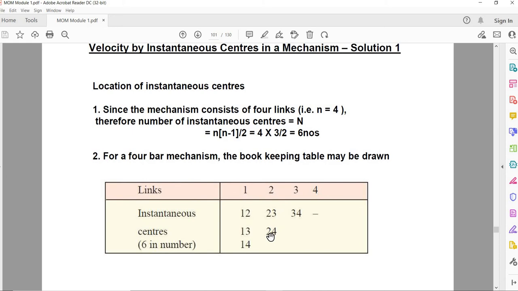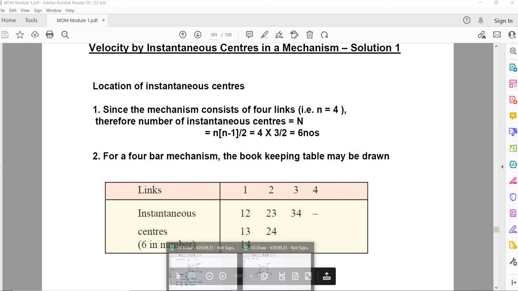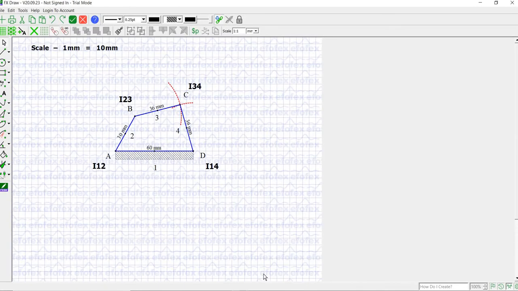So how are we going to determine them? We are using Kennedy's theorem to locate I13.